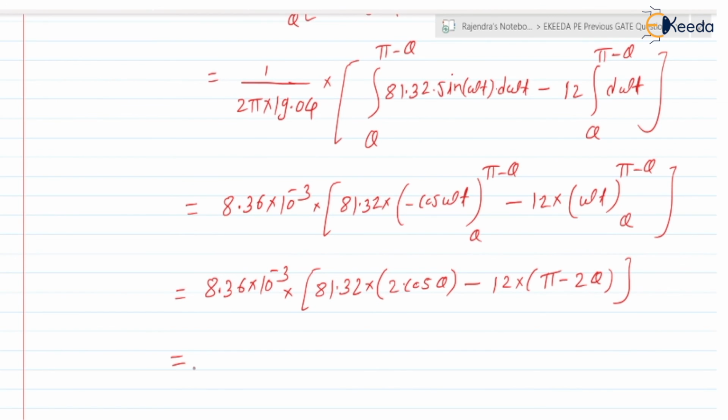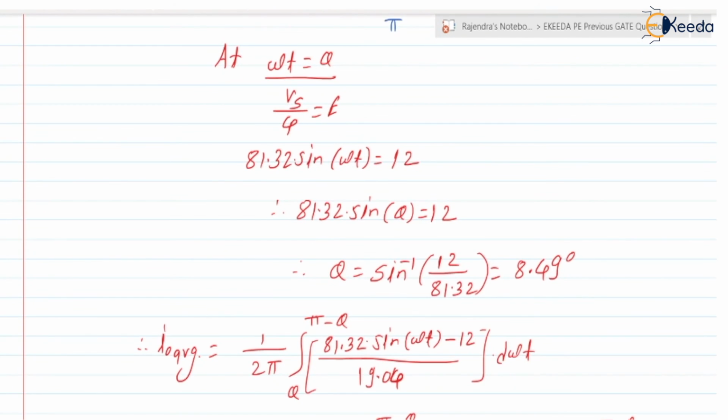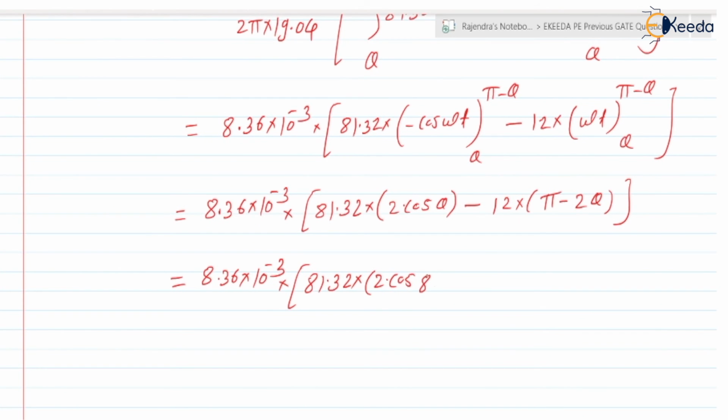But theta we know, so it is 81.32 into 2 into cos of theta we have calculated. Theta is equal to 8.49 degrees, minus 12 pi minus 2 into theta, 8.49 into pi by 180.